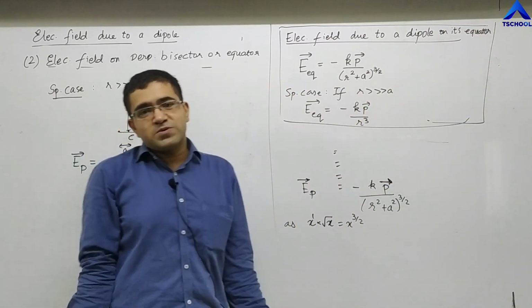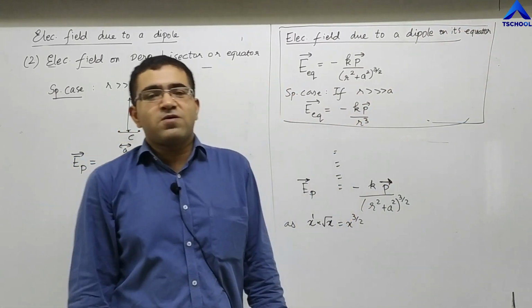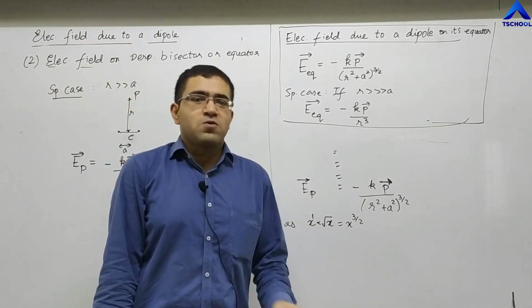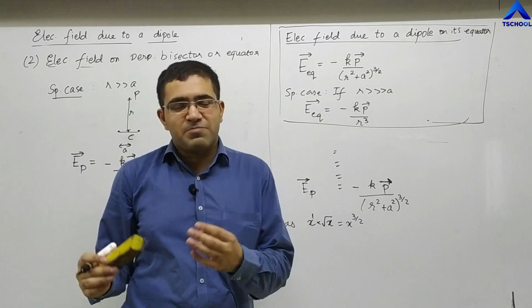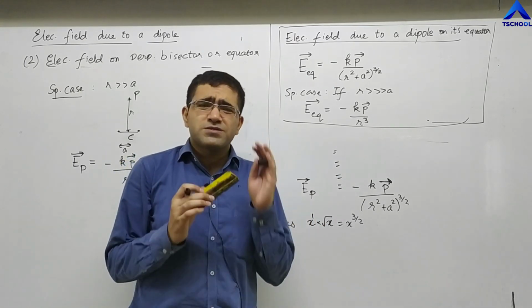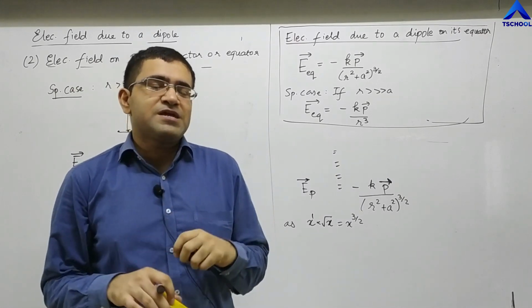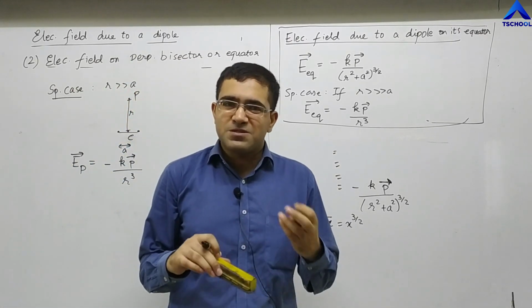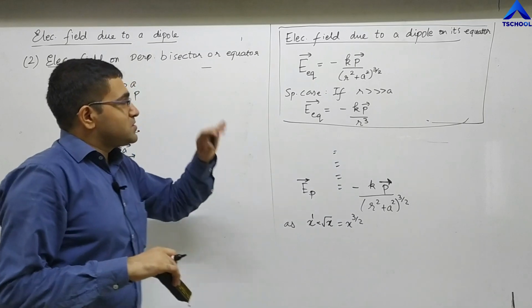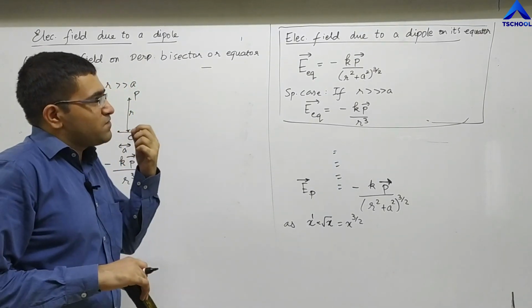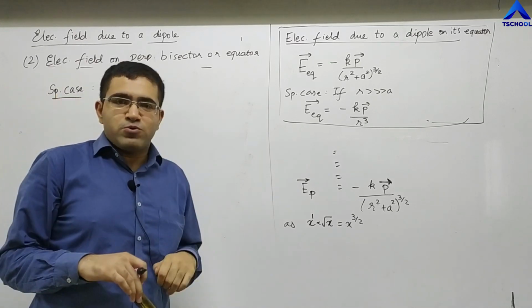Okay, I hope you still have that habit of writing the important sentences at the top in your notebook or somewhere else in a separate notebook. Make a good summary, make a good collection of notes, so finally you could read them very easily. Okay, so that's it for the derivation of electric field due to dipole.